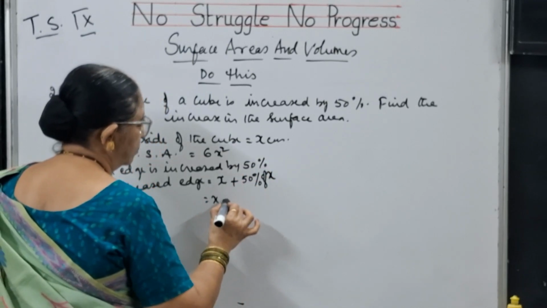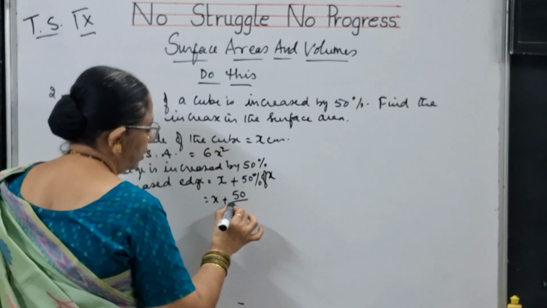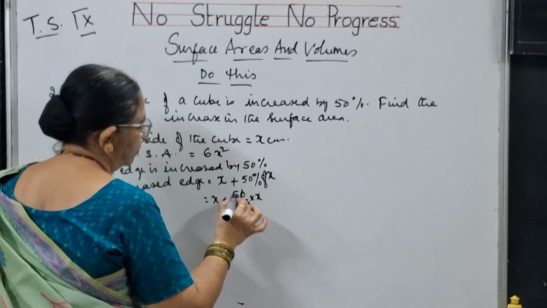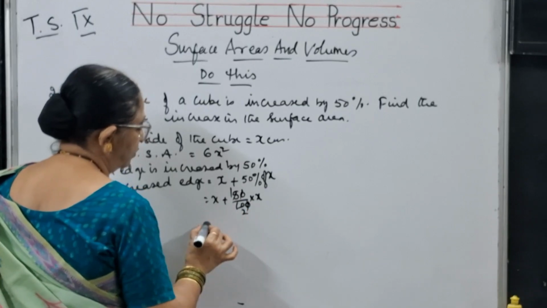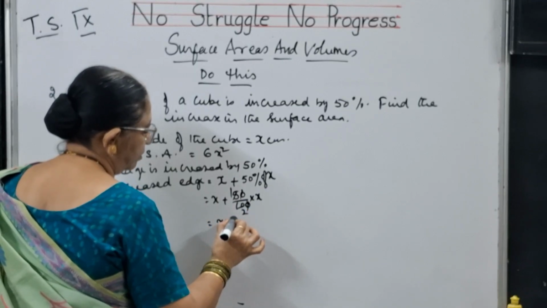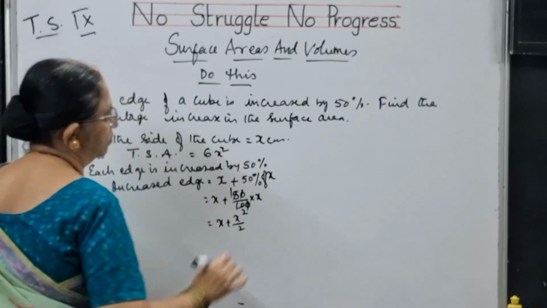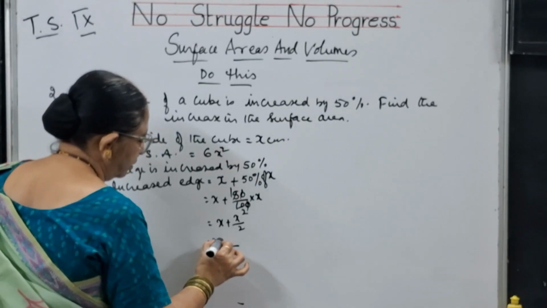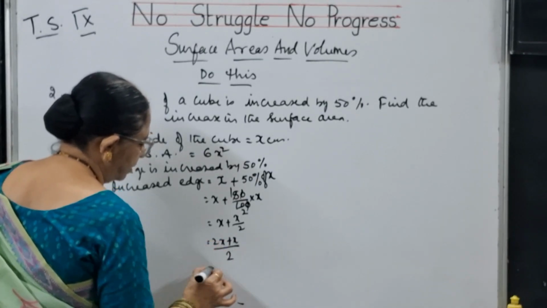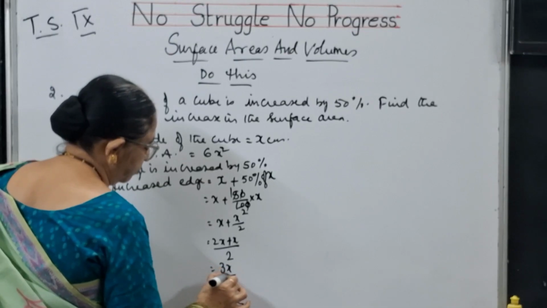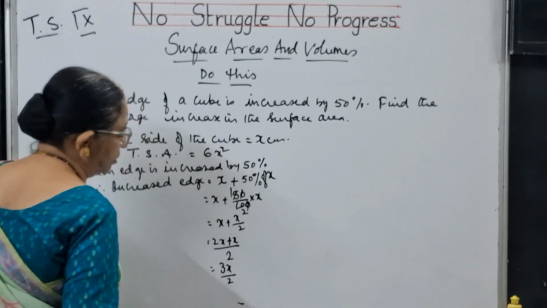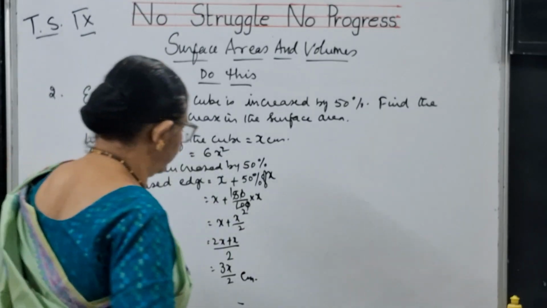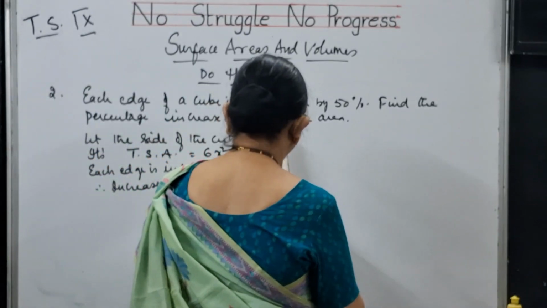That means x plus 50 by 100 into x. So this will get cancelled. 5 ones are 5, 5 twos are 10, so x plus x by 2. That means how much are you getting? 2 is the LCM. 2x plus x, that is 3x by 2 centimeters is the side. Each side measure is 3x by 2.